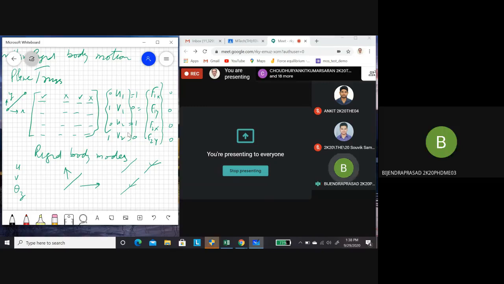So U1 and V1 would be 0 and the other two would not be 0. So what will be the values possible?